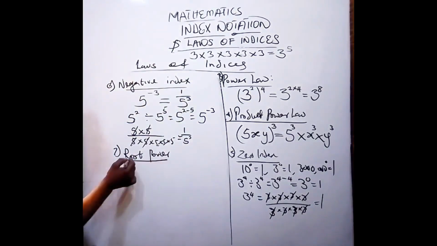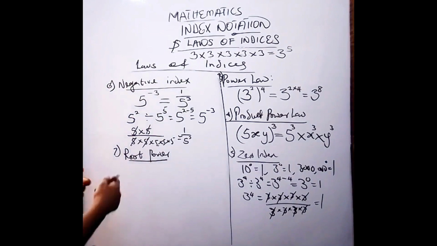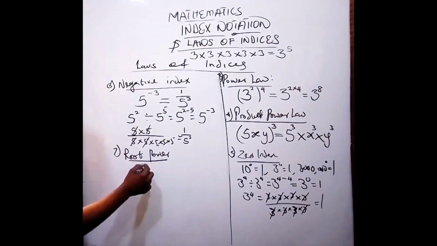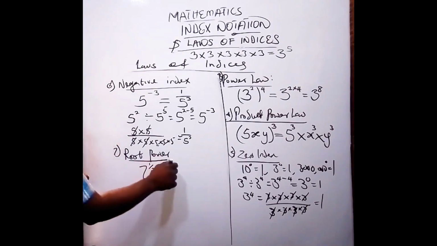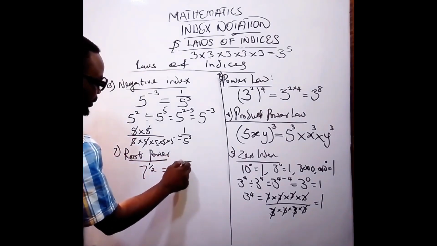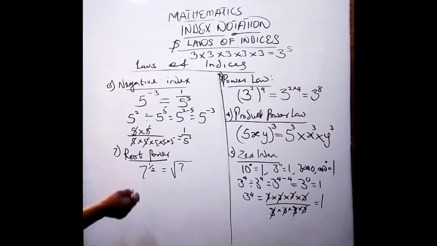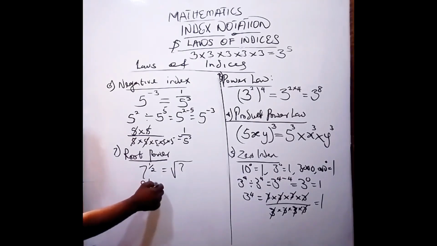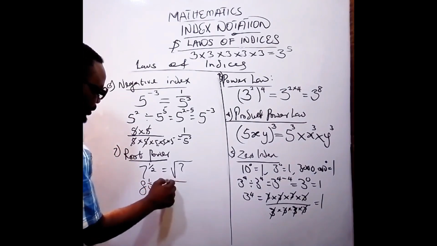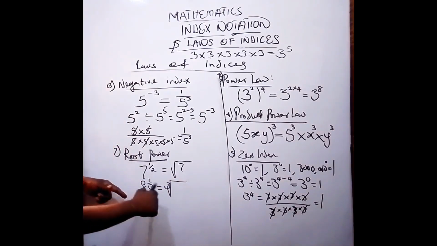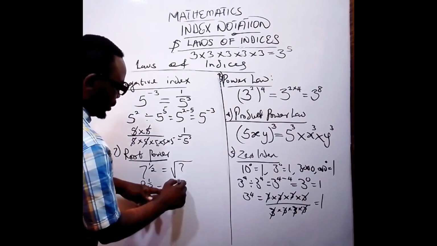For instance, if you have 7 raised to the power of 1 over 2, this will be equal to the square root of 7. If you have 8 raised to the power of 1 over 3, this will be equal to the cube root of 8, because 3 is the denominator.